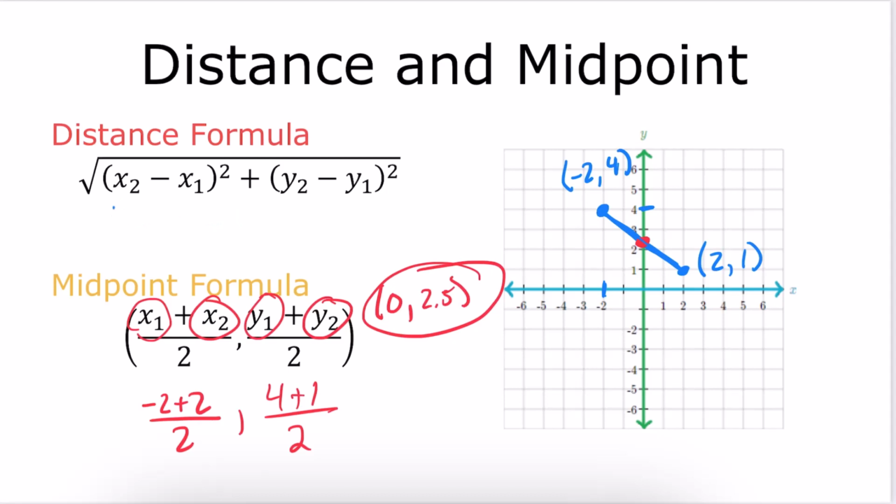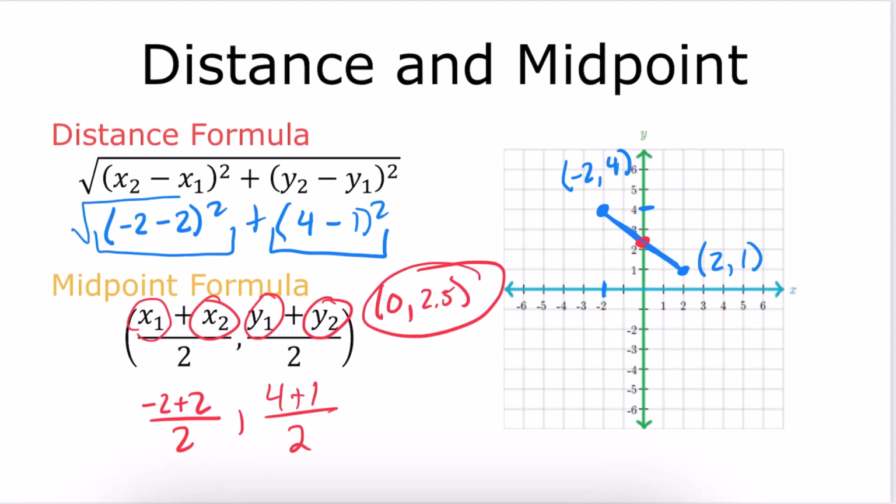That was my bad. It should be -2 minus 2 squared, and then 4 minus 1 squared. So those were my y coordinates. And ultimately, it doesn't end up mattering because you add these two together, and you could add them in the opposite order. But for the way that I wrote the distance formula here, this would be the way you'd calculate it.